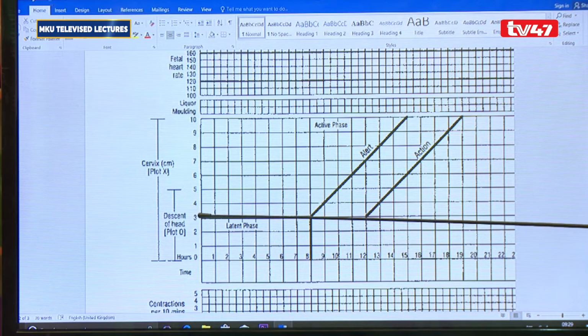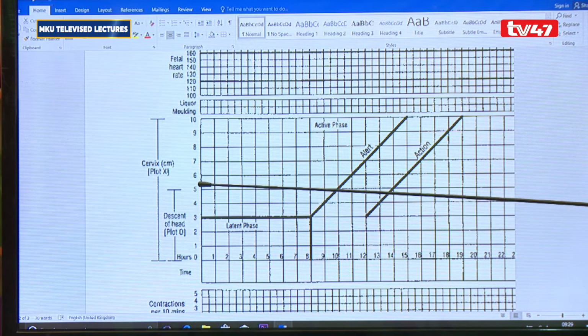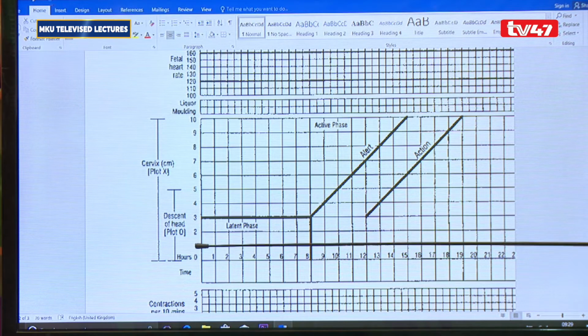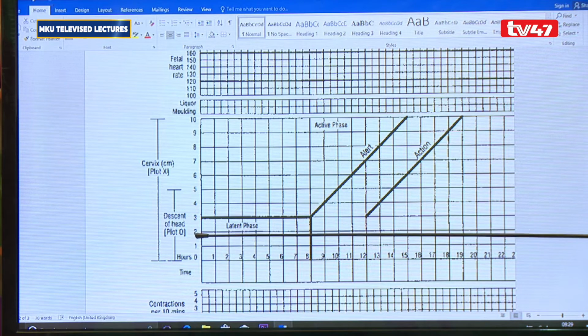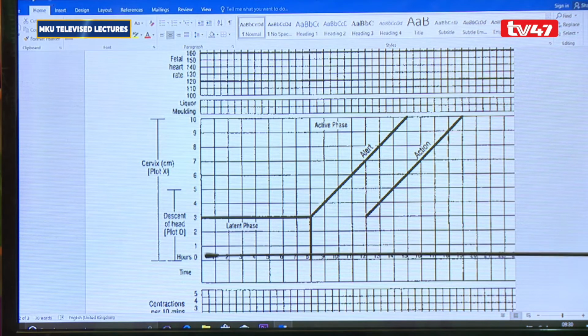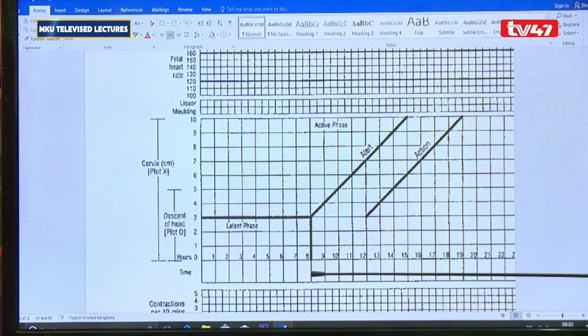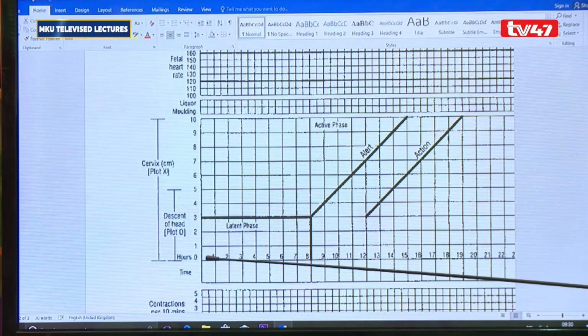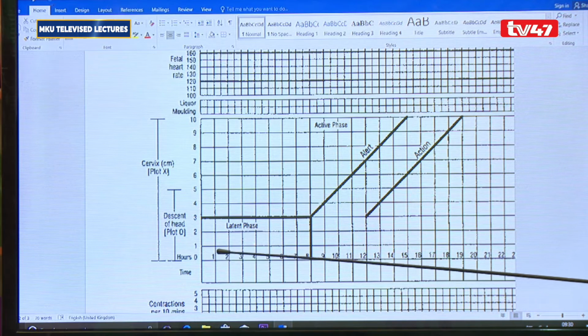When 2 parts have gone in, we say that the head or the cephalic is 3/5 up, and so on, until when 4 parts of the head have gone into the pelvic inlet, we say that the head is now 1/5 up. When the whole head has gone into the pelvic inlet, we can no longer palpate the head using the Leopold's maneuver, and everything is in the pelvis.